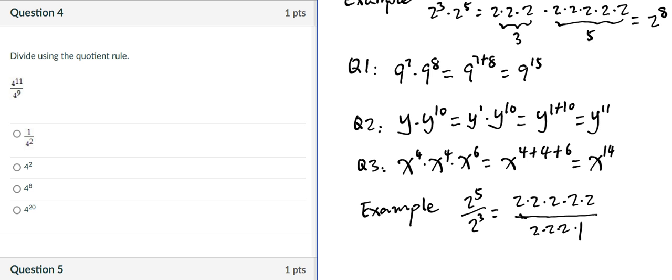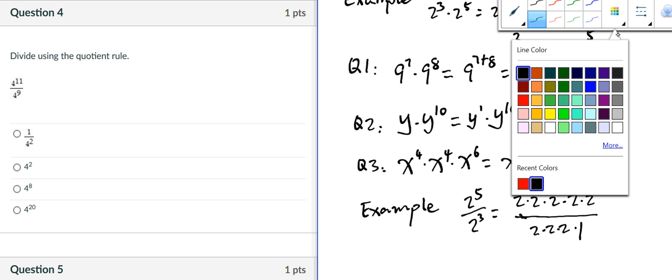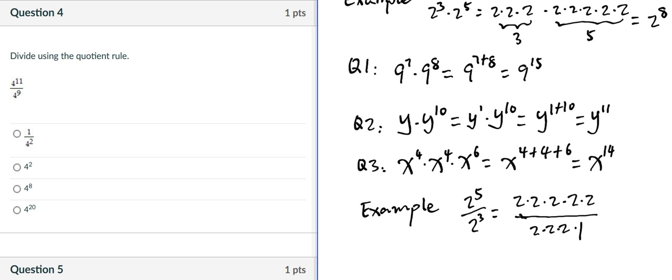Then you can see we may do some cancellation here. Cancel these 2 with these 2, this 2 with this 2, because 2 divided by 2 is 1. And then this 2 with this 2. What we really have is 2 to the second power.